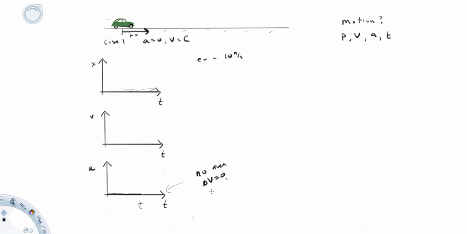If I use that to write an equation, delta v is v final minus v initial, which is v minus 10 meters per second, equals 0. If you solve that for v, you get 10 meters per second, and it's constant. So on our next graph, we're up here at 10 meters per second, and it's not changing. And this is true out to any time t.